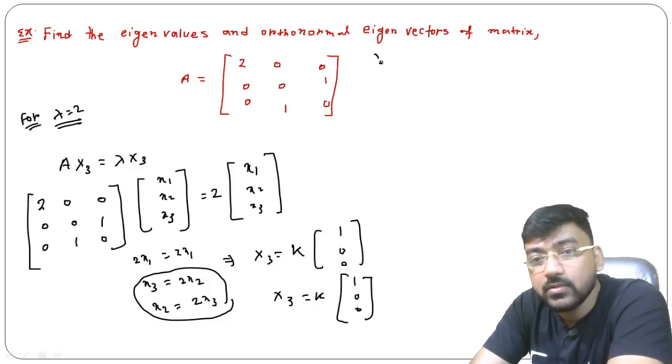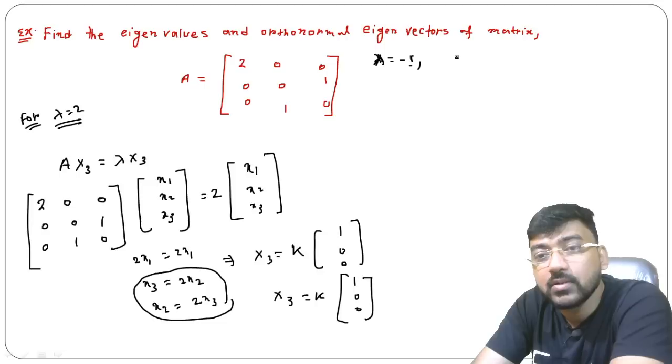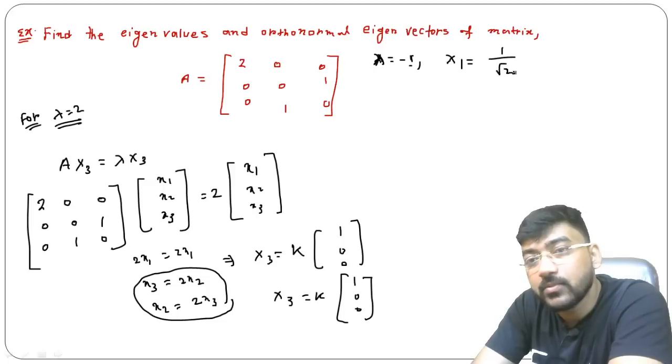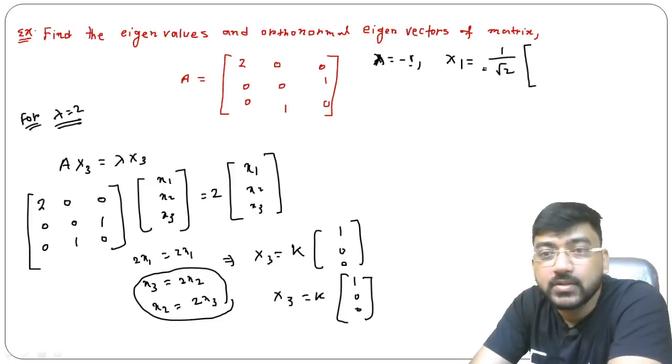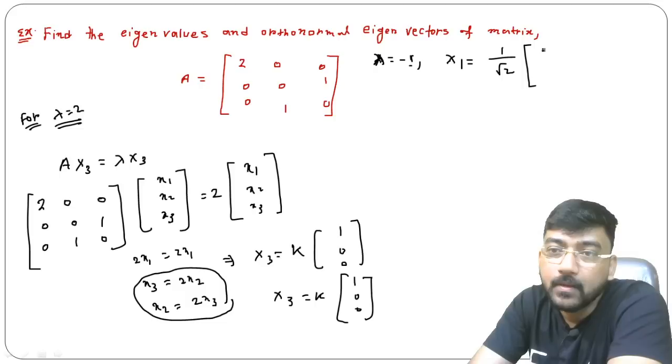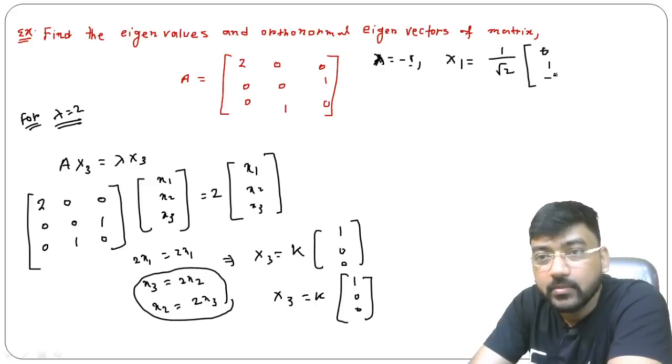We have got, corresponding to lambda is equal to minus 1, x1, that is nothing but 1 upon root 2 times 0, 1 and minus 1.